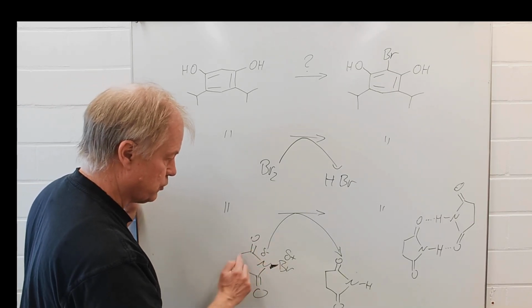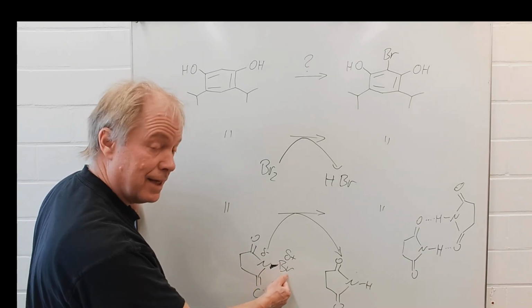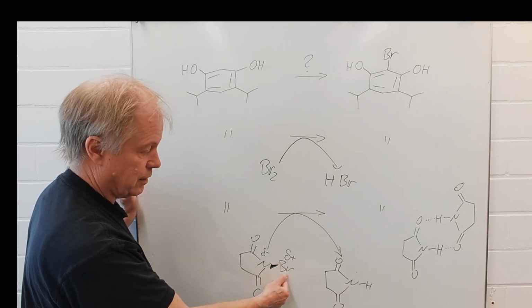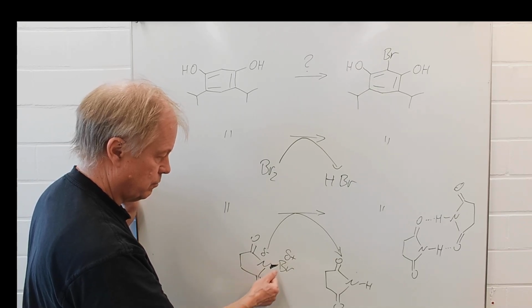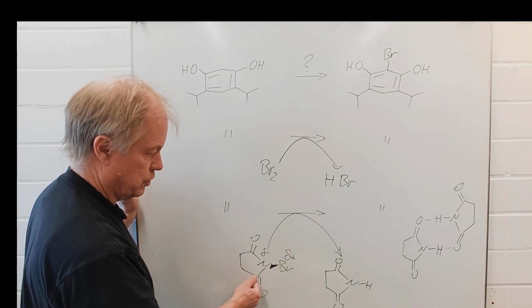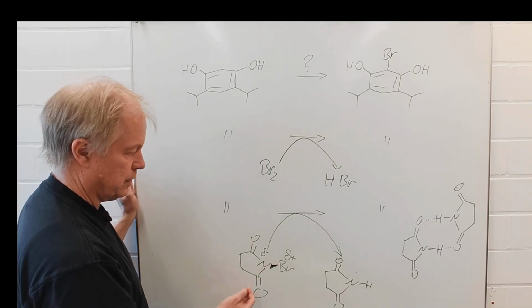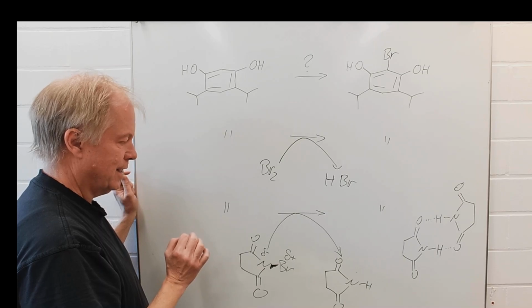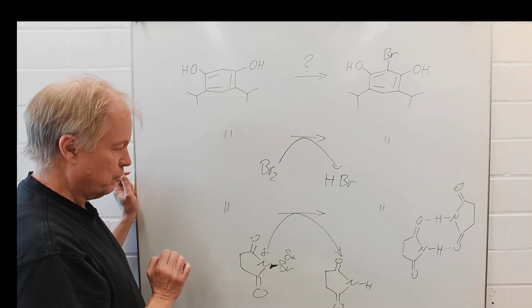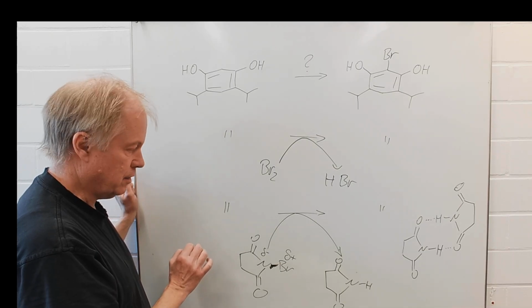So also in this succinimide we have, well, a very electrophilic bromine, since the bromine-nitrogen bond is polarized towards the more electronegative nitrogen. We can even activate this more by adding some acid as a catalyst.